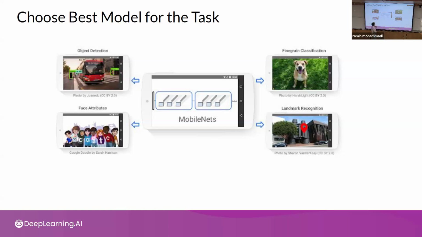So you have a MobileNet on your machine that does object detection. You have a MobileNet that does face attributes. For example, on your cell phone, when you look at the photos folder, it already has images categorized for you based on the faces, right? Does all of that come from one model? No. On your cell phone, there are different image classification models.